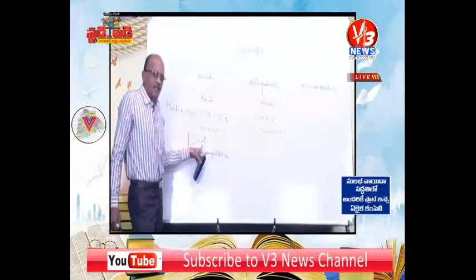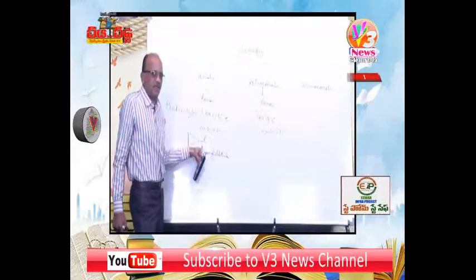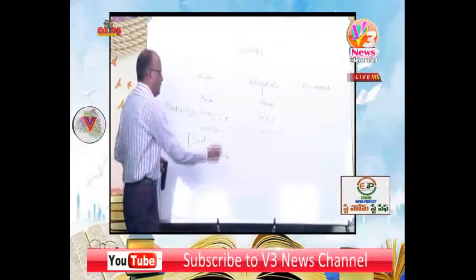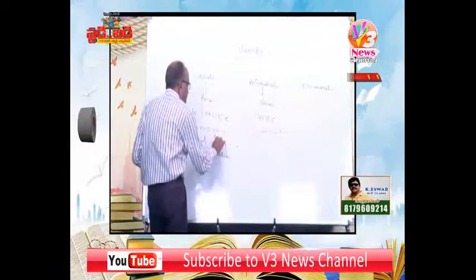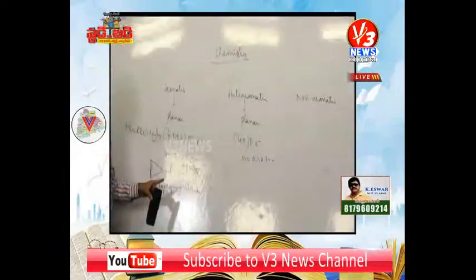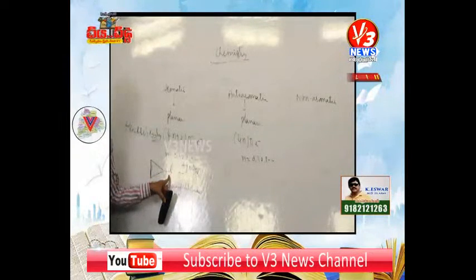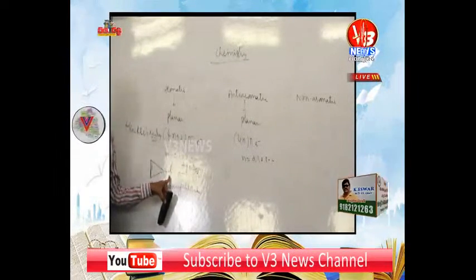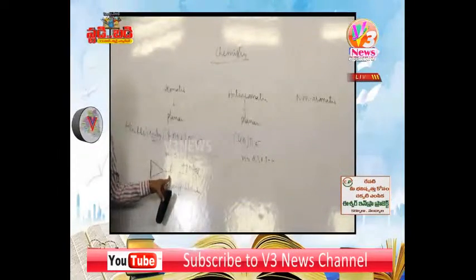Now we will see whether this compound gives a white precipitate with aqueous AgNO3 or not. On addition of aqueous AgNO3, a white precipitate is formed due to formation of silver chloride. Means this chloride should be ionizable chloride.